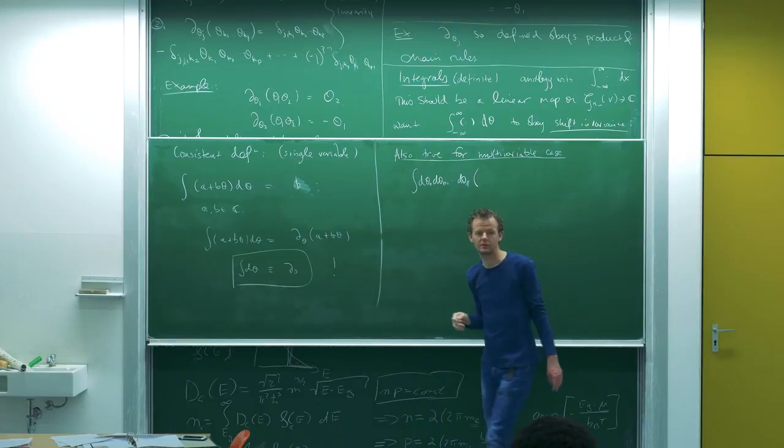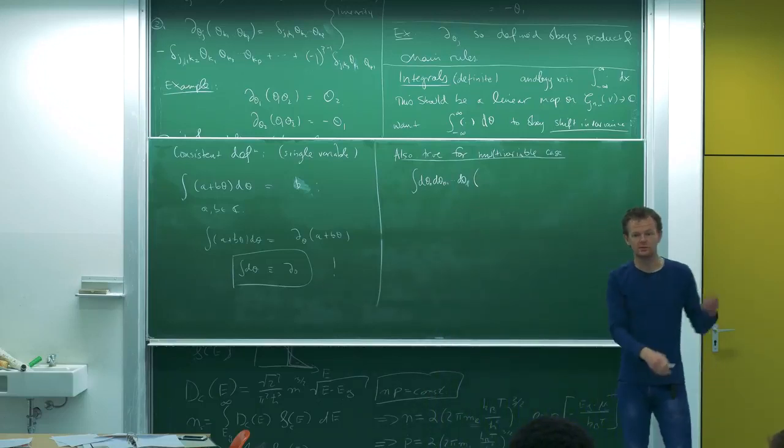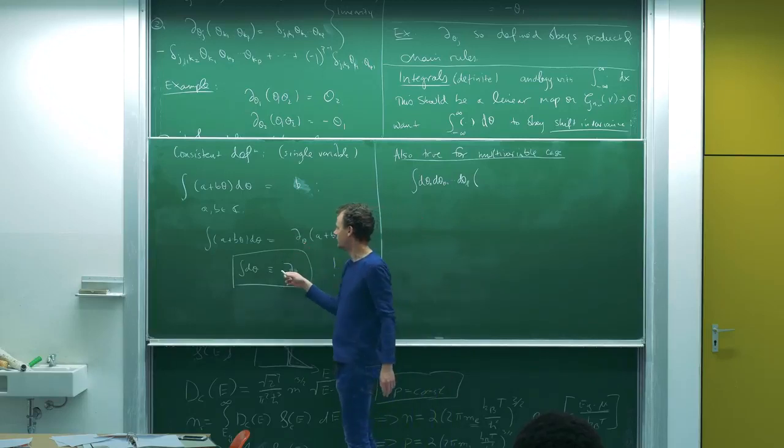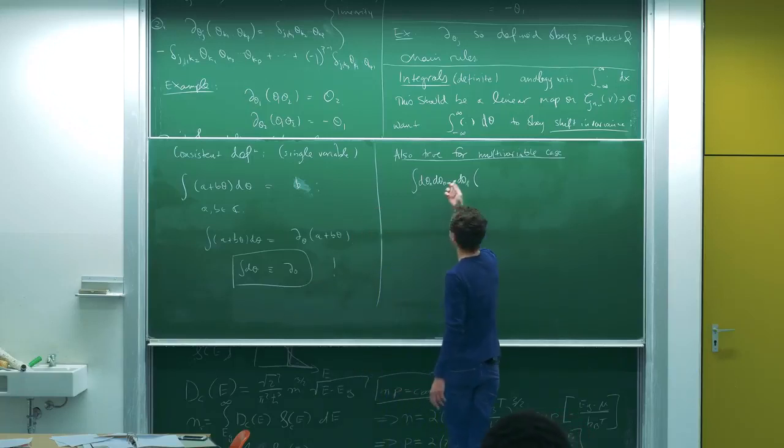So the general definition of a many variable integral for a Grassmann number, well, once you identify it as the derivative in the single variable case, then you can just identify it as the derivative in the multivariable case, and you're done.